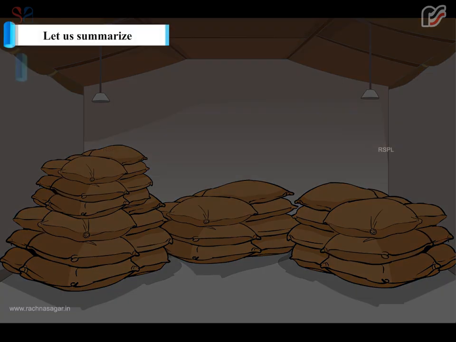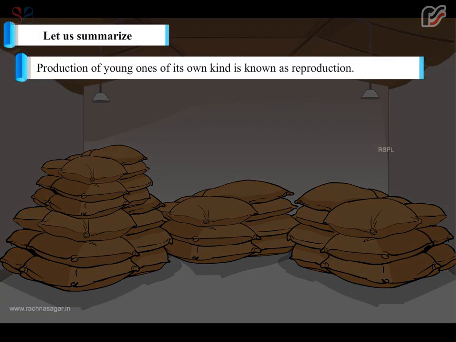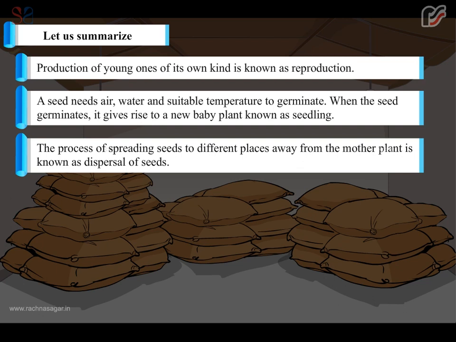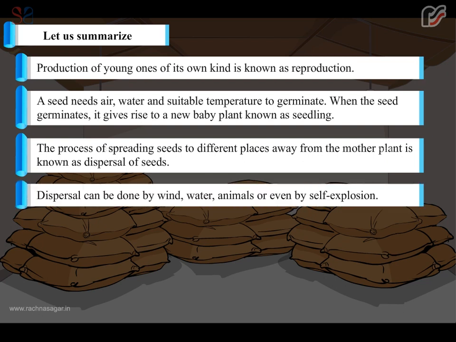Let us summarize. Production of young ones of its own kind is known as reproduction. A seed needs air, water, and suitable temperature to germinate. When the seed germinates, it gives rise to a new baby plant known as seedling. The process of spreading seeds to different places away from the mother plant is known as dispersal of seeds.